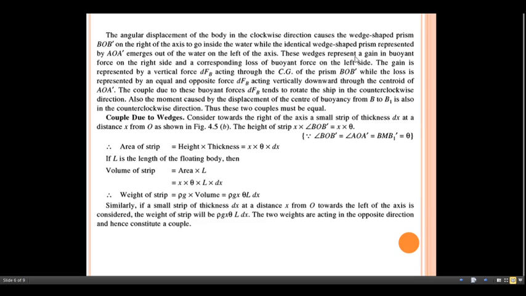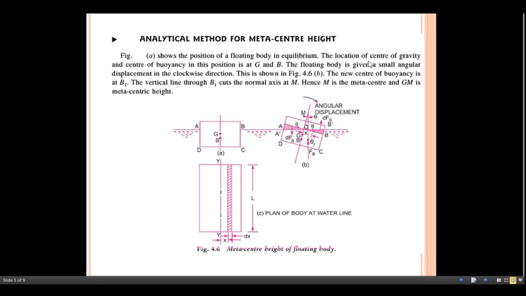These wedge shapes represent the gain in buoyant force on the right side and the corresponding loss of buoyant force on the left side. The gain we can represent by this force FB, and the loss by another force of the same magnitude but in the opposite direction.